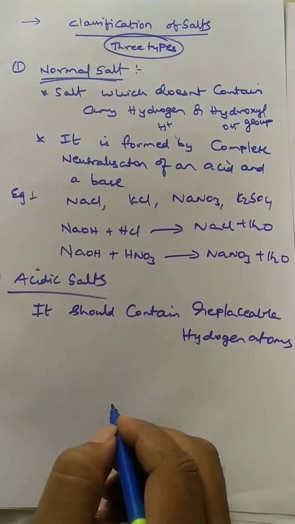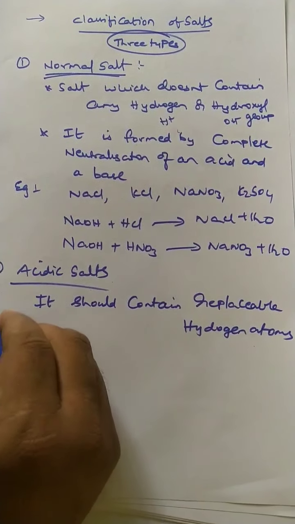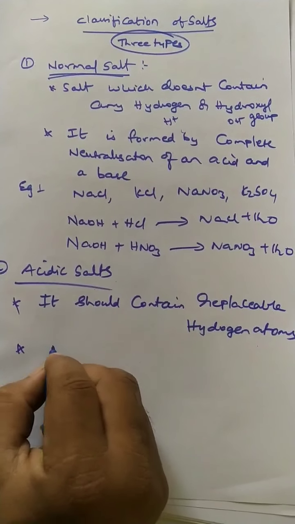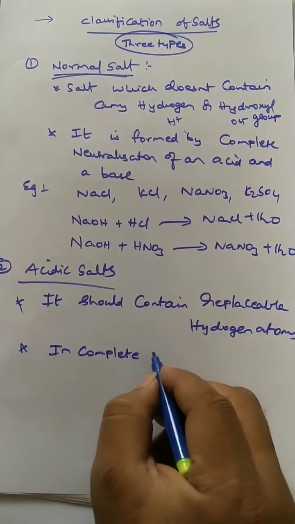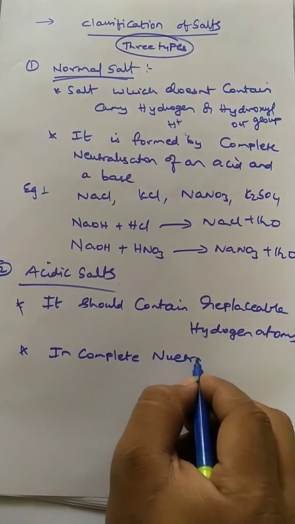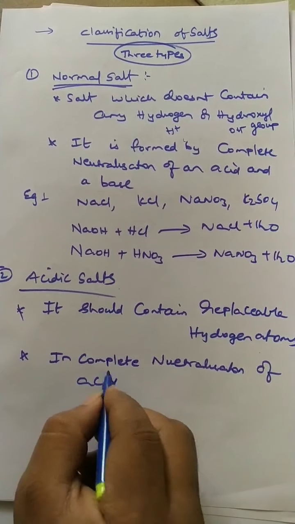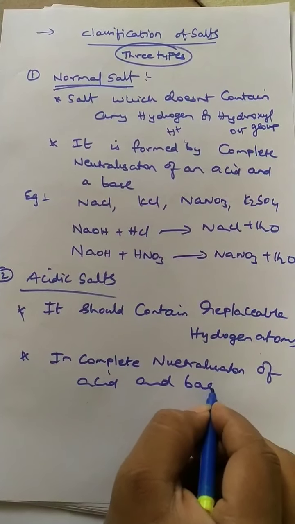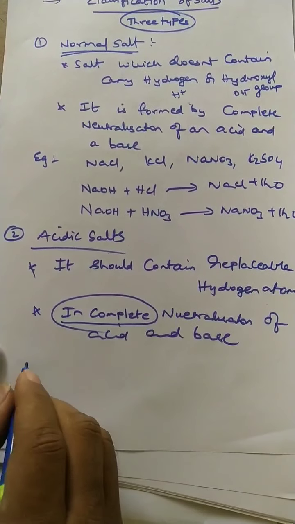Compulsorily, at least one replaceable hydrogen atom will be present in the salt. How are these acidic salts formed? Due to incomplete neutralization of acid and base.